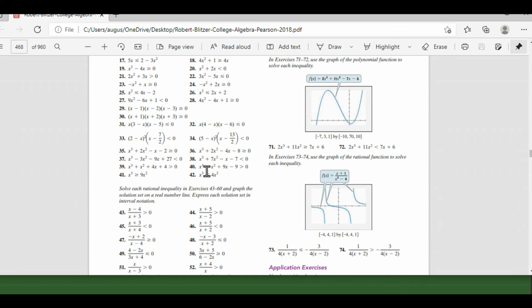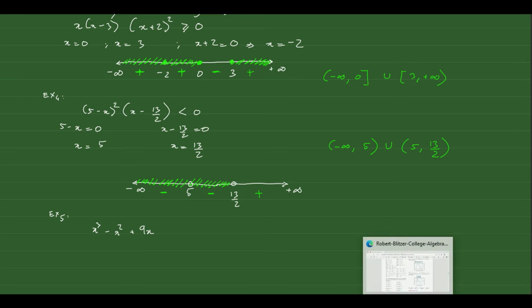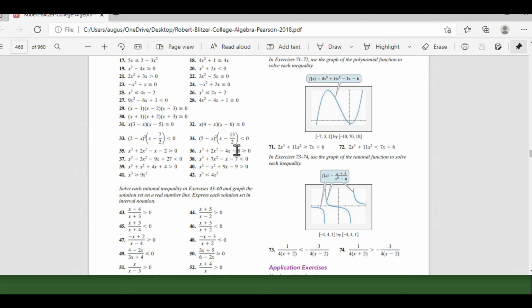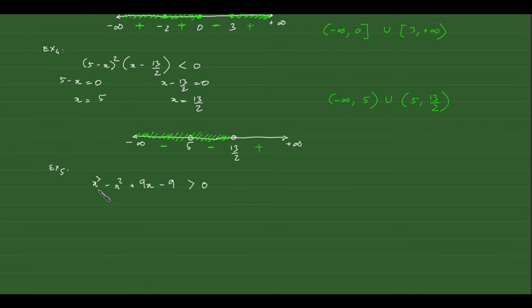For example, Example 5: x to the third minus x squared plus 9x minus 9 greater than 0. Alright, so this is in standard form, so you have to factor them out.